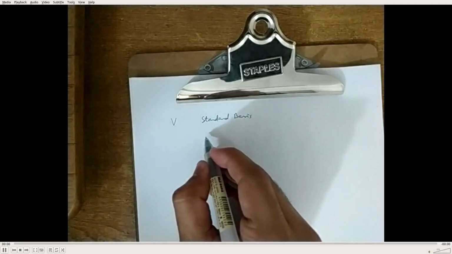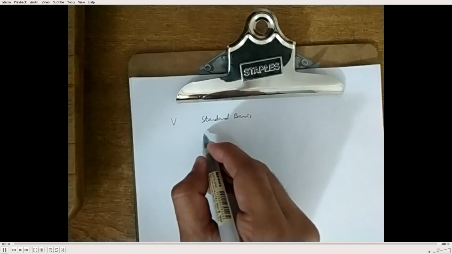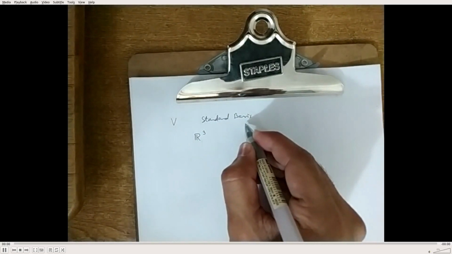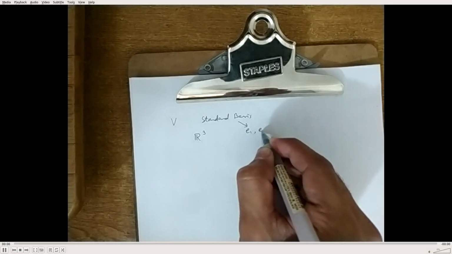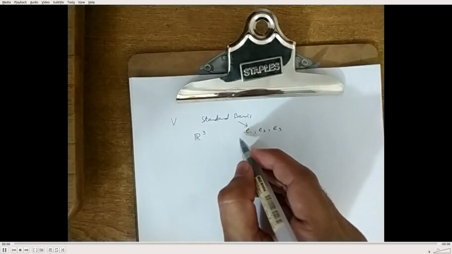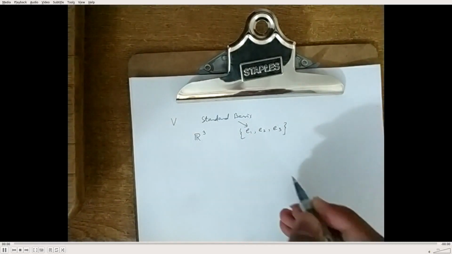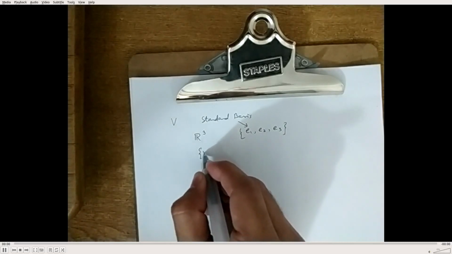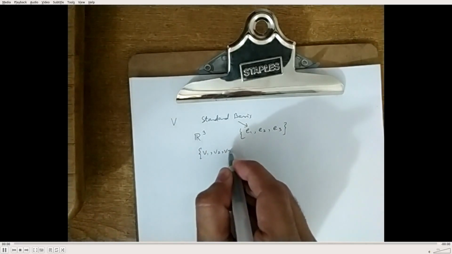Let's suppose we're talking about R3. The standard basis in R3 is just E1, E2, and E3. But of course you can have other sets of vectors as well. Another basis could be, perhaps, V1, V2, V3.